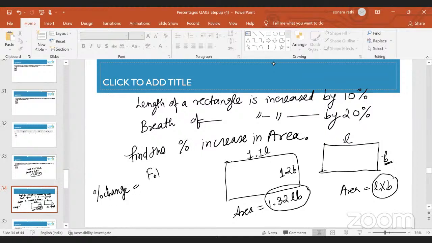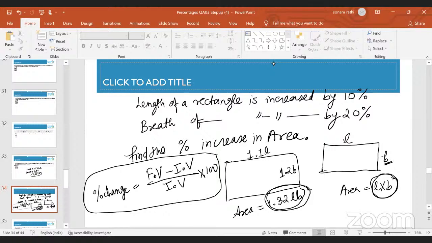So how do you find percentage change? Final value minus initial value upon initial value into 100. This is your final value. This is your initial value. Put the values in this formula. This is your formula. Final value, initial value. Put it in it.